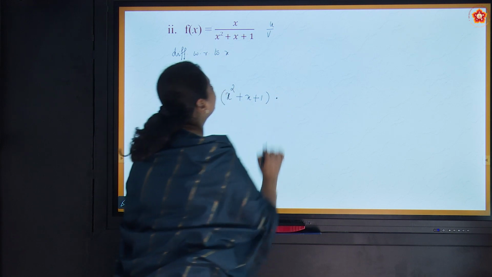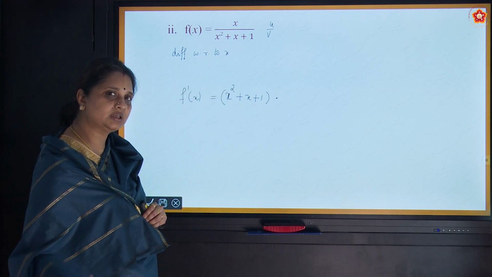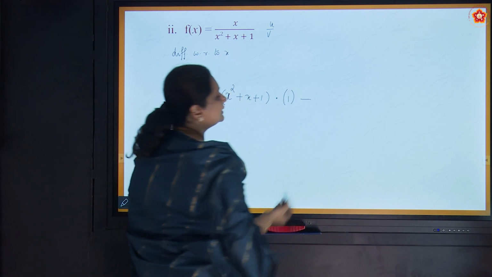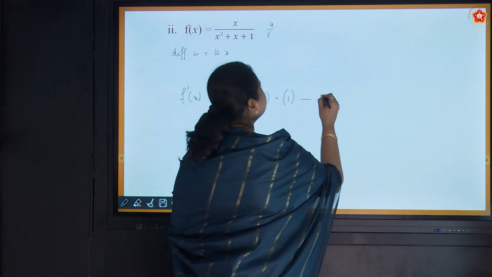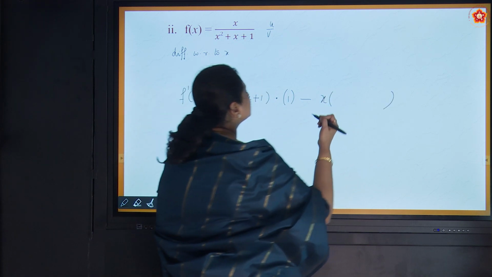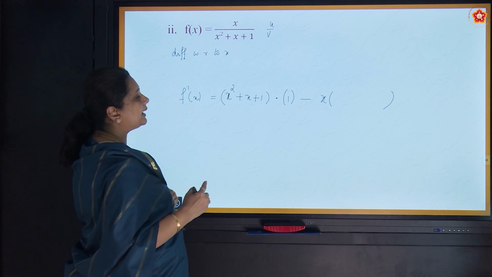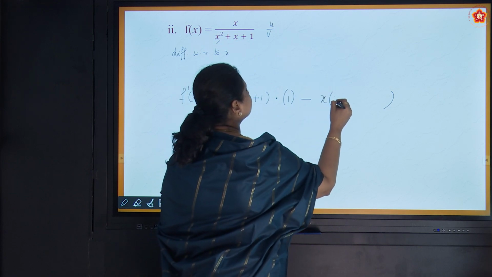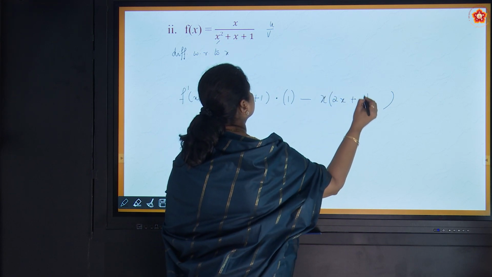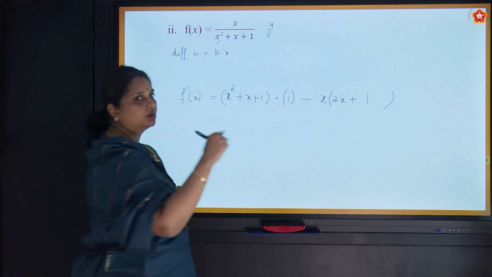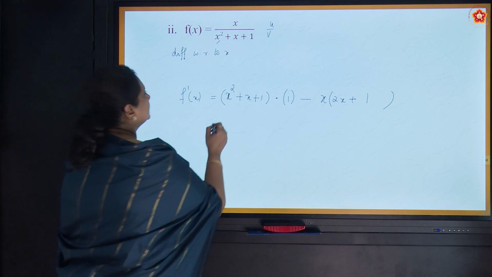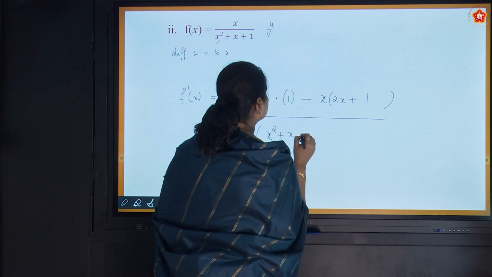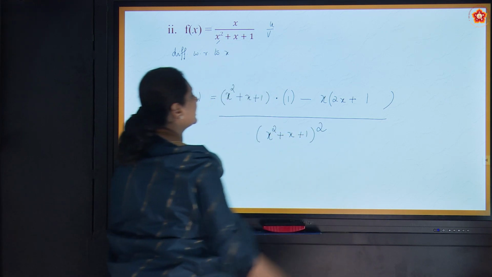and differentiate the numerator. x on differentiation gives you 1. This is very, very important. Please remember. Minus, keep the numerator unaltered, differentiate the denominator. So x square plus x plus 1 on differentiation will give you, x square gives you 2x, plus x gives you 1, plus 1 gives you 0, divided by the denominator of the function, expressed as its square.